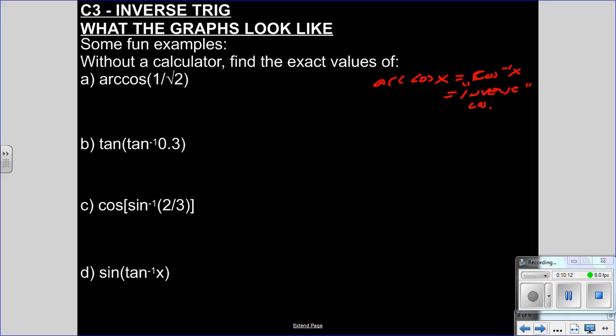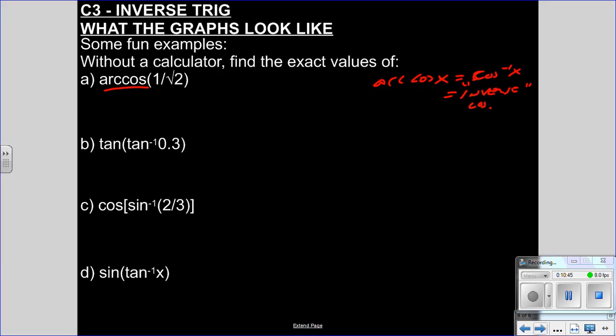So arc cos says, give me the adjacent over the hypotenuse, and I'll give you the angle. Just like arcsine says, give me the opposite over the hypotenuse, and I'll give you the angle. It's easy to get them the wrong way around. So cos says, give me the angle, I'll give you the adjacent over the hypotenuse. Arc cos, the inverse, says, give me the adjacent over the hypotenuse, and I'll give you the angle.